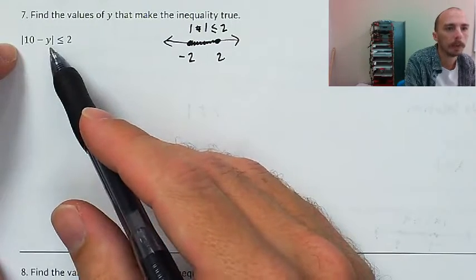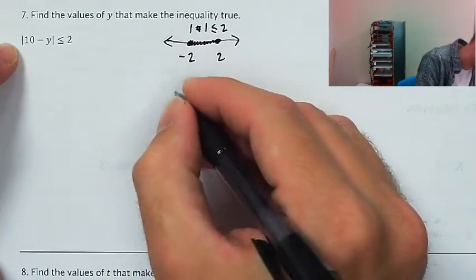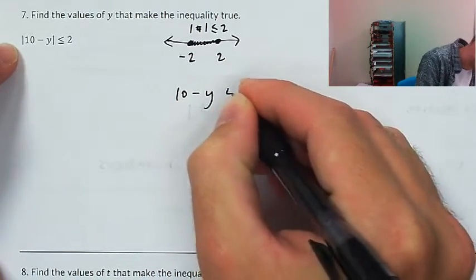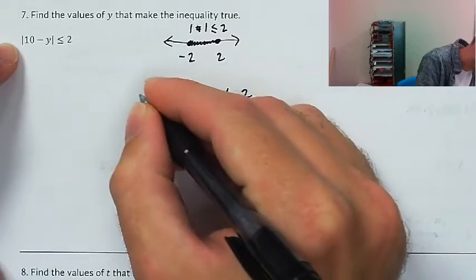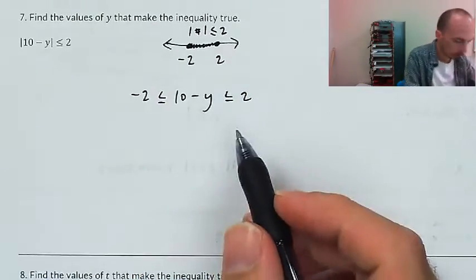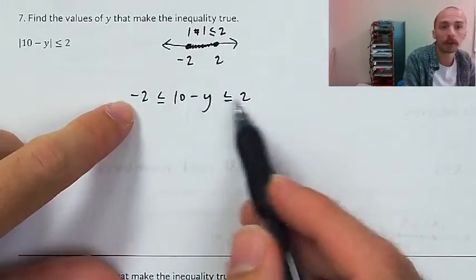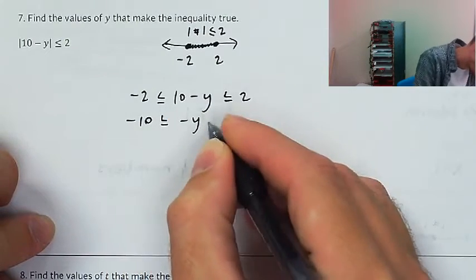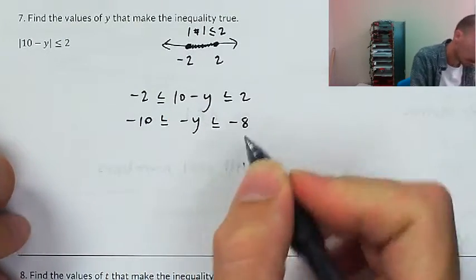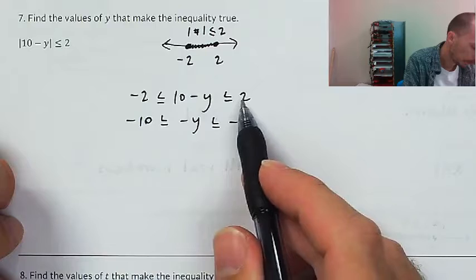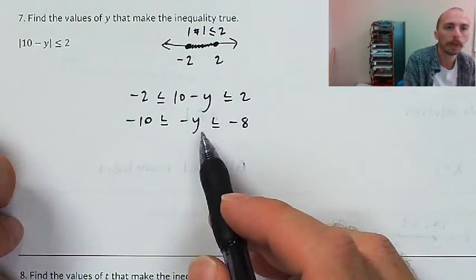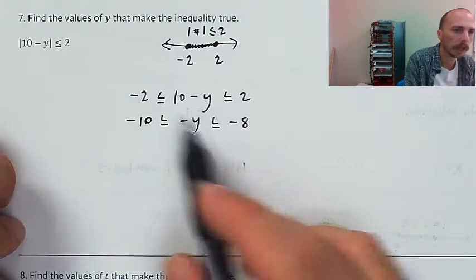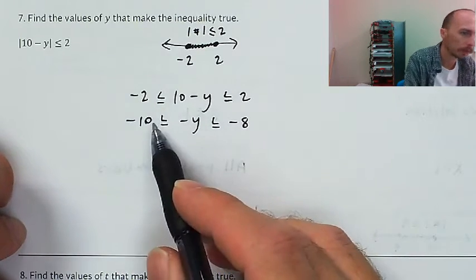And then I'm going to say that 10 minus y, that's what needs to be between negative 2 and 2. So I'm going to start by subtracting 10 from all three sides. Okay, yeah, I need to subtract 10 from both sides.